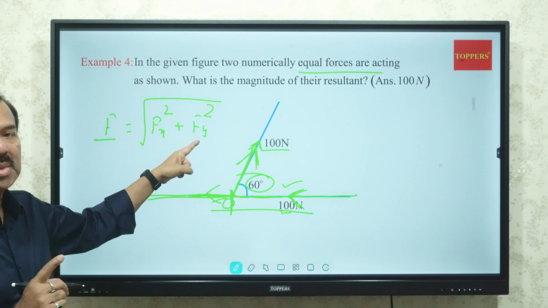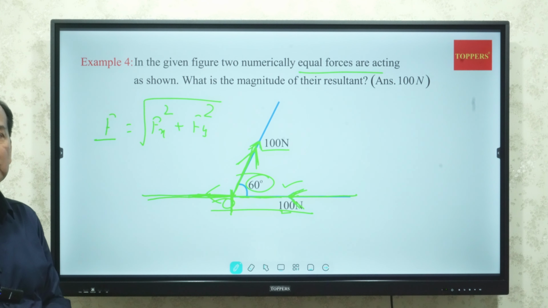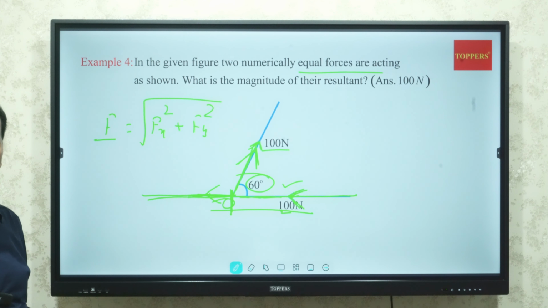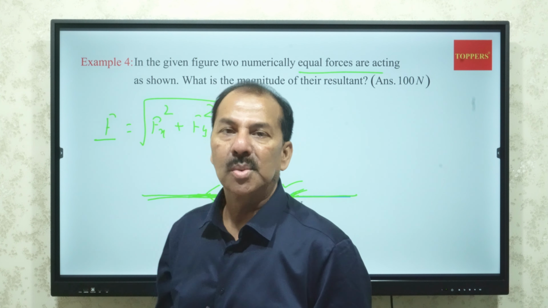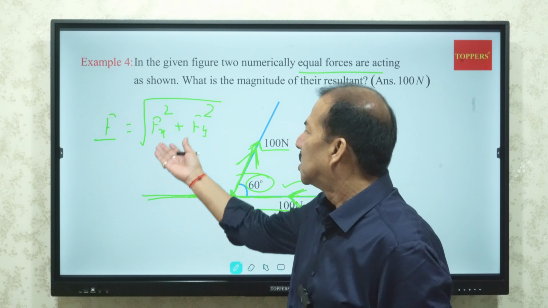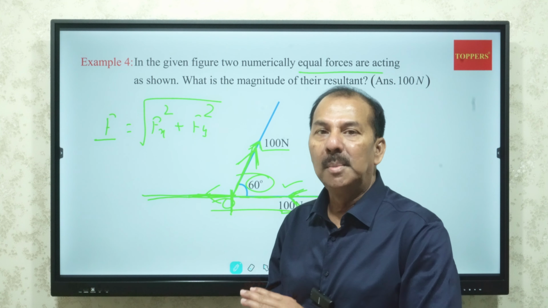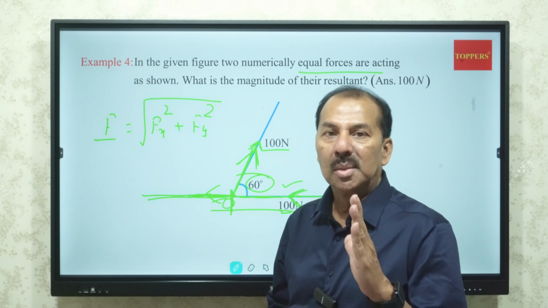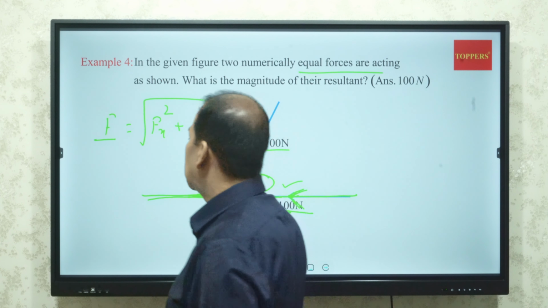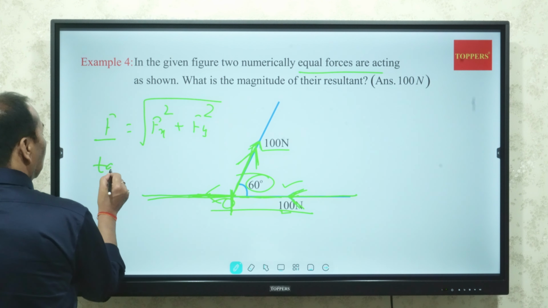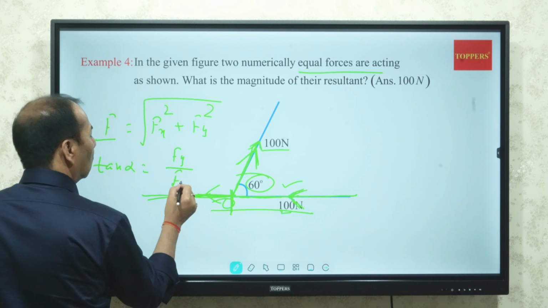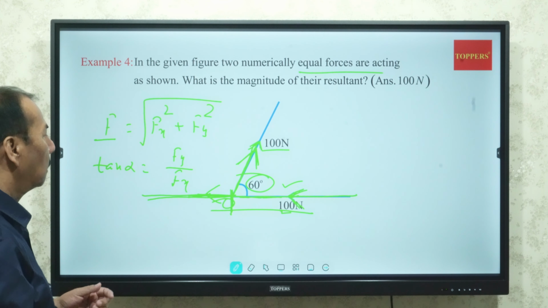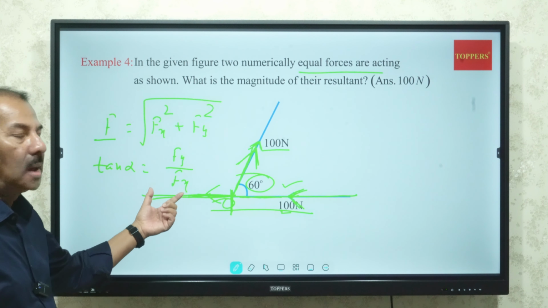If we can calculate these two, then both these forces act at right angles to each other, and once they are at right angles, the resultant is always the square root of Fx square plus Fy square. That way we can calculate the angle between the resultant and the x-axis. If it is alpha, then tan alpha is equal to the y component divided by the x component, that is Fy upon Fx.